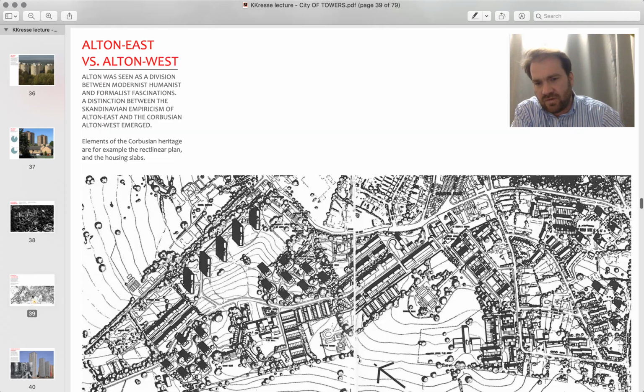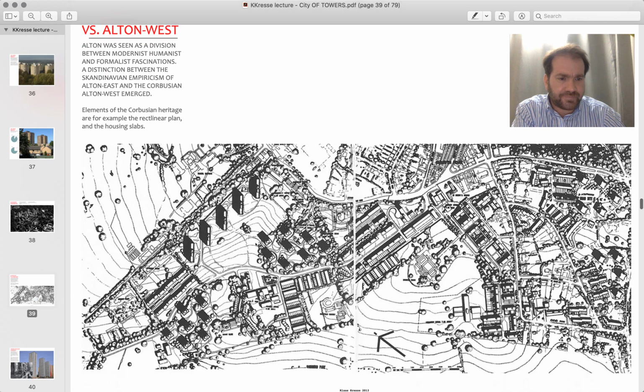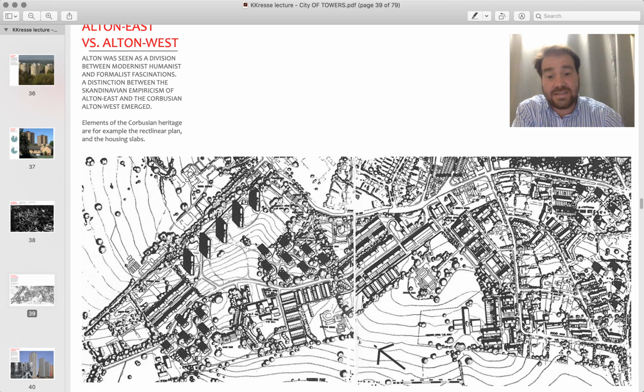I picked this example because in Alton East and Alton West, you have these two paradigms of how high-rise estates can be organized. On the one hand, you have this rigid layout, Le Corbusier, if you want, on the west side, simply following this kind of linear structure, with these high-rise towers being set up on a grid.